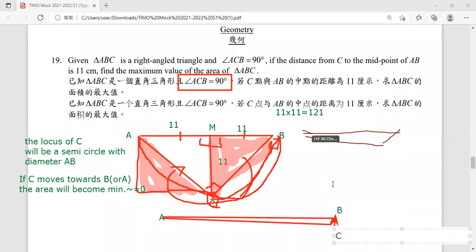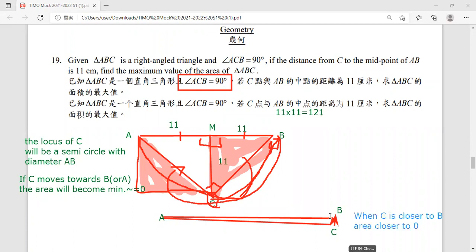You will consider when C is dragged to B, then the area becomes 0. Put C on B, okay?